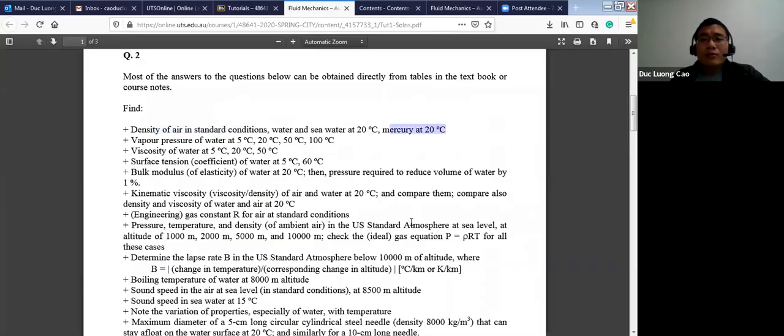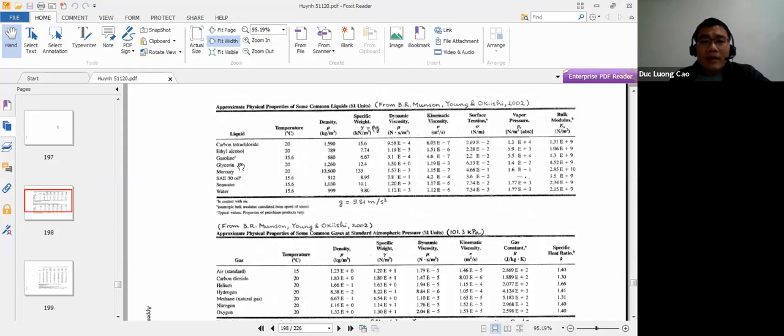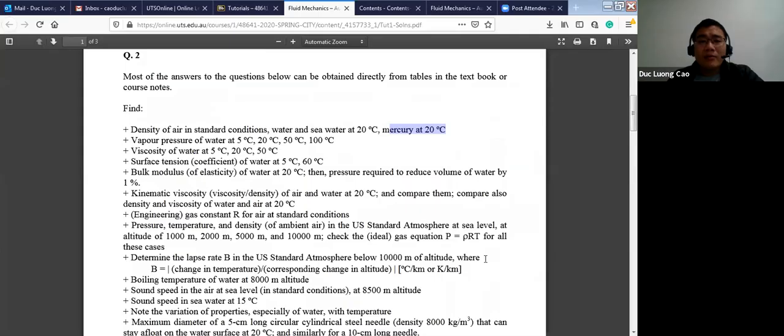And mercury at 20 Celsius is 13600 kilograms per meter cubed. The first one just shows you how to find properties of some substances in fluid mechanics. That's easy. Do you have any question about this one? Use the table only. Any question? No? Okay.